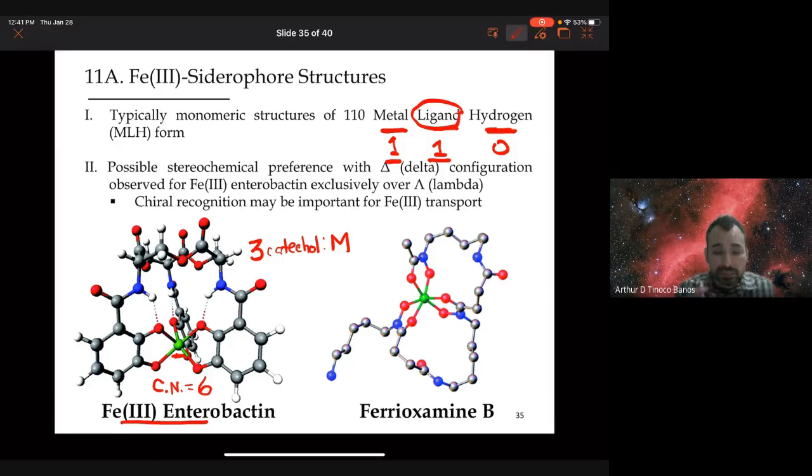Okay, but still, that's still just one ligand interacting with one metal, and the interaction sites, the oxygens, well, those protons that were originally there will no longer be there because of the iron coordination. And we see something similar for the ferrioxamine, where you have a coordination number 6 compound because you have 3 of those hydroxamates as bidentate ligands coordinating your metal center. And then the oxygens from those actual moieties are not there. They have been deprotonated.